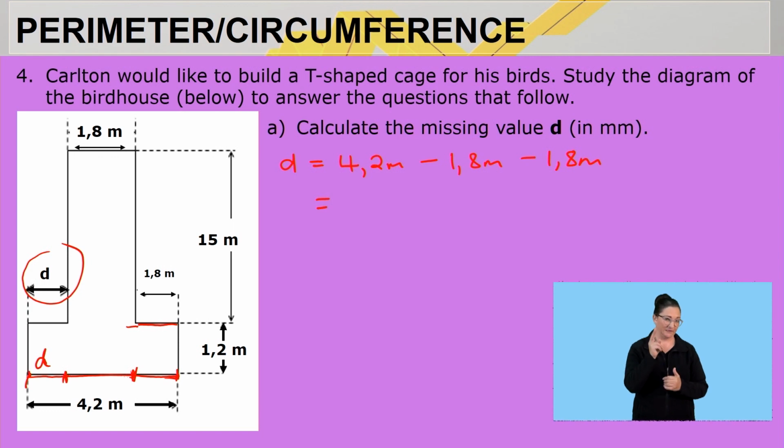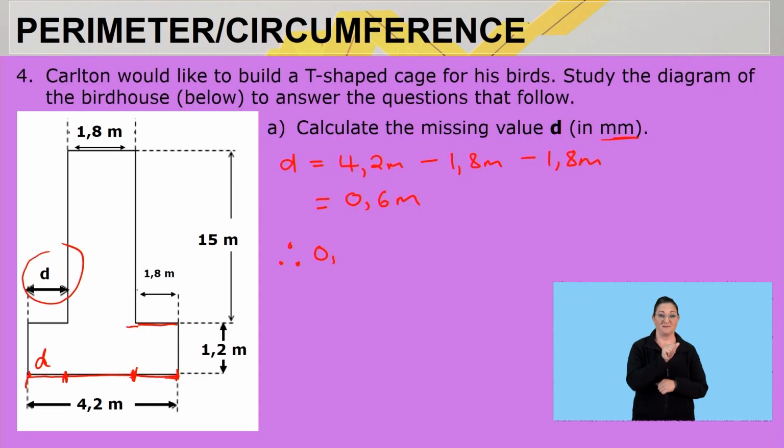Let me just double check that for you. So it's 4.2 minus 1.8 minus 1.8. Okay, so that's indeed 0.6 meters. But now, please remember, the question stated, calculate the missing value D in millimeters. At this point in time, we have an answer in meters.